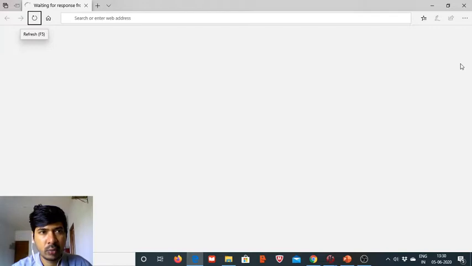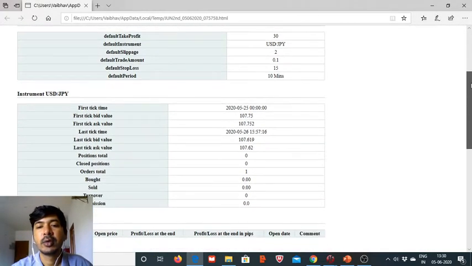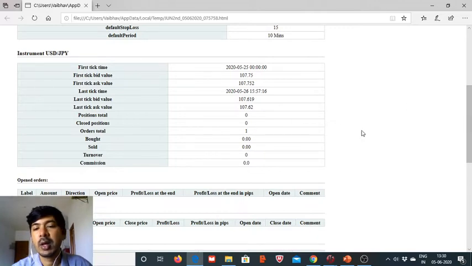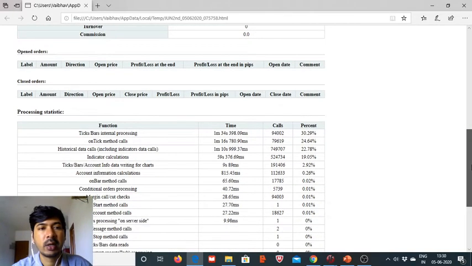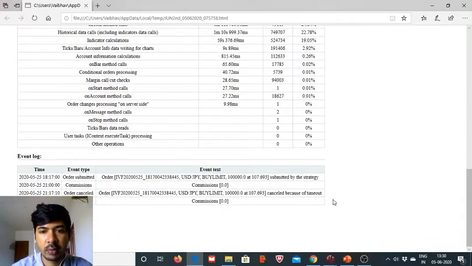Now in 2 days of testing, one order was placed and it didn't really execute. So here order total is 1, which remained unexecuted. So there was no opened or closed, but only it was cancelled after the timeout.